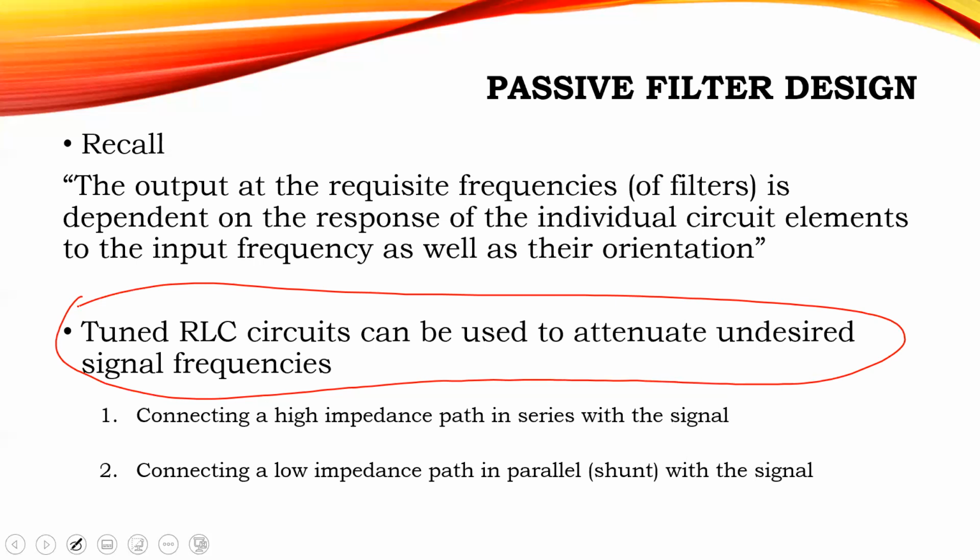So if you want to attenuate, listen carefully, the undesired signal frequencies, so the frequencies you don't want, what you do is connect a high impedance path in series with the signal. So if you don't want the signal, you put a high impedance path in series.